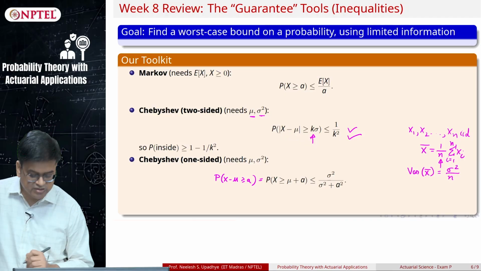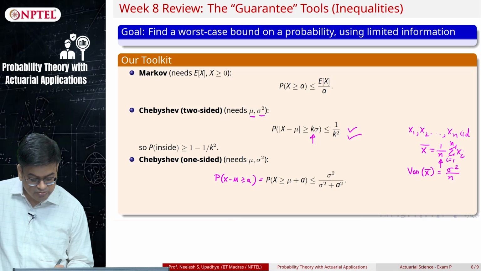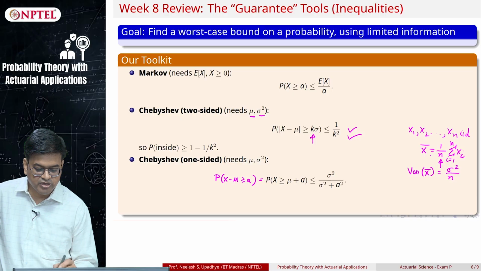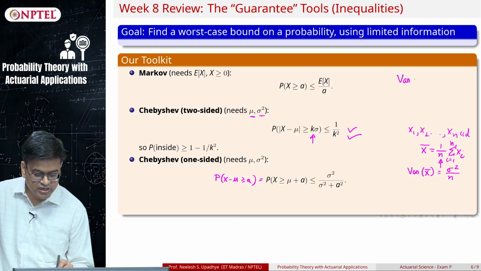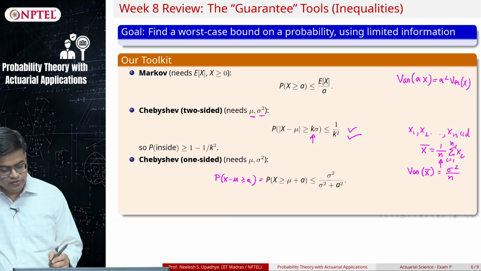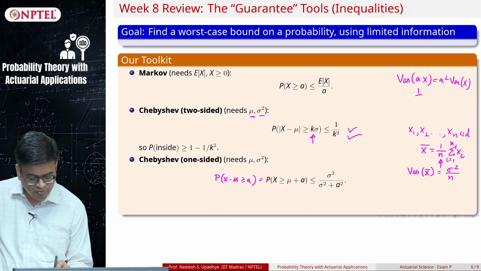So, all sigma squares will come. But when I throw the 1 by n out of the sum, it becomes 1 by n squared, that is I am appealing to variance of Ax is equal to a square times variance of x.